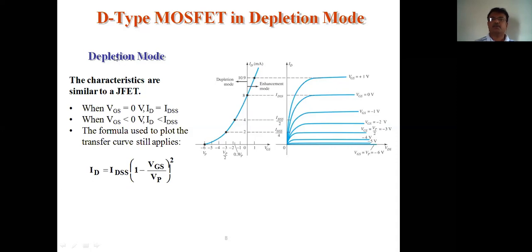Same for enhancement mode, VGS is greater than 0. ID increases above IDSS. Still, the formula will be the same to plot this transfer characteristic, that is, ID is equal to IDSS into 1 minus VGS by VP whole square.